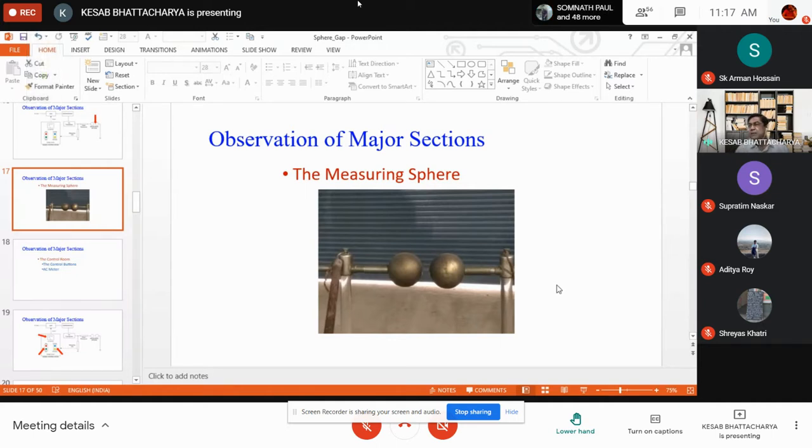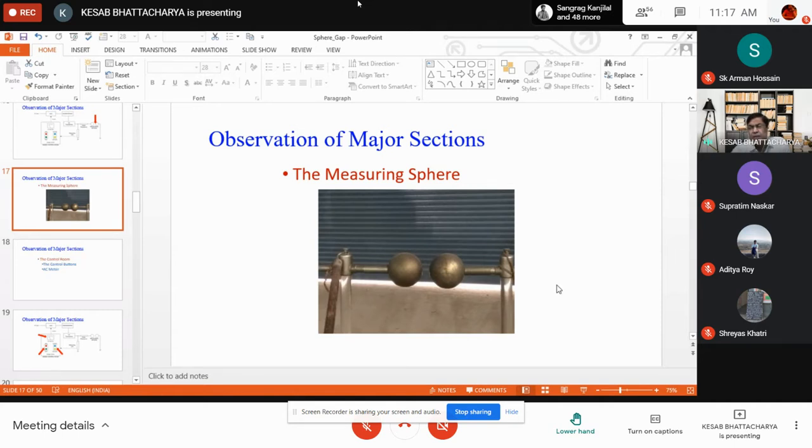I mean, any sphere with any arbitrary dimension cannot be considered as a standard sphere. They must have definite diameter and definite gap distance between them. Such spheres are called standard spheres.